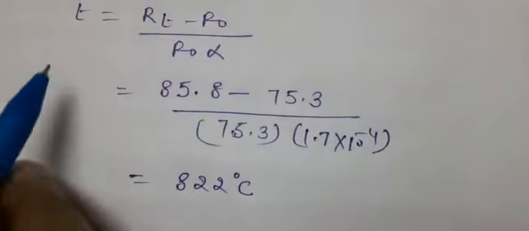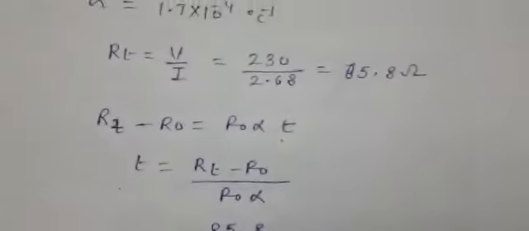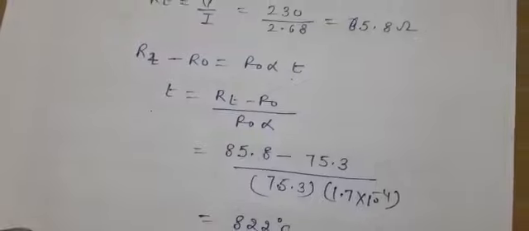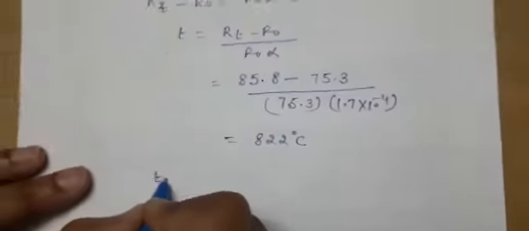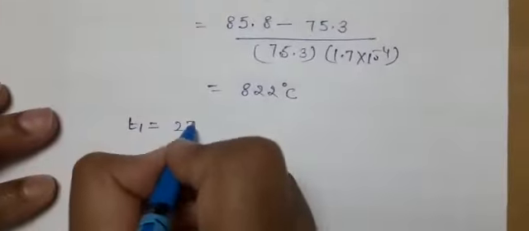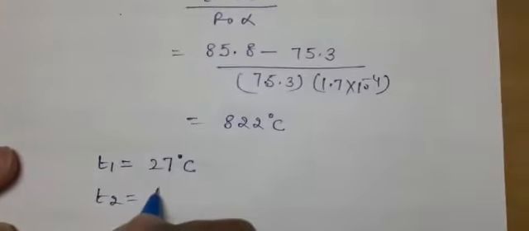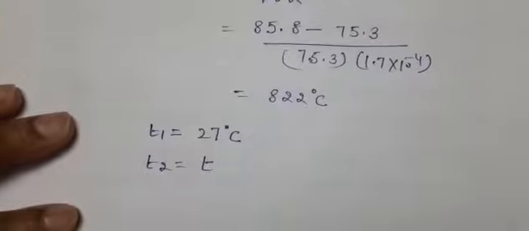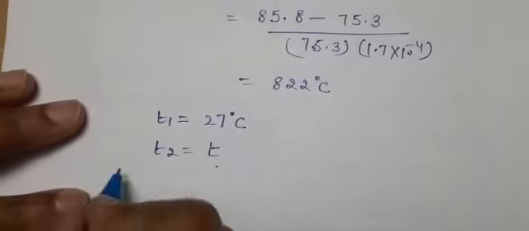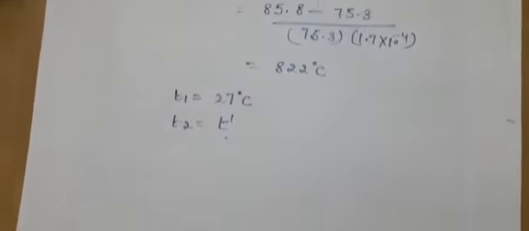See, this is the temperature we are obtaining. But actually, the initial temperature that we were taking was not 0 degrees Celsius, it was 27 degrees Celsius, and the final temperature, which we have to calculate, let me take it as T dash. Why?